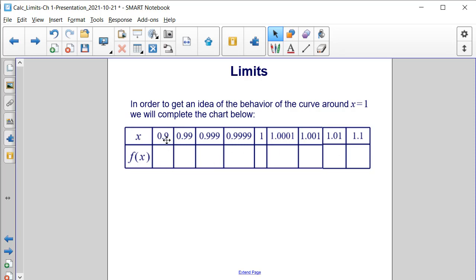We're going to figure out the function's value at 9/10, 99/100, 999/1,000, 9,999/10,000. And we're also going to do the other side, which would be 1 1/10,000th, 1 1/1,000th, 1 1/100th, and 1 1/10th. And to do that, let's actually switch over to a calculator.